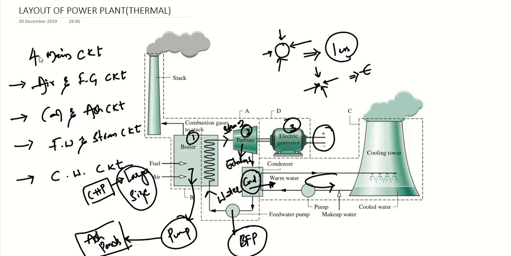So in between the coal handling plant, from where we get coal, and the boiler, we will install pulverizers. The function of the pulverizer is to crush the coal and feed it into the boiler.